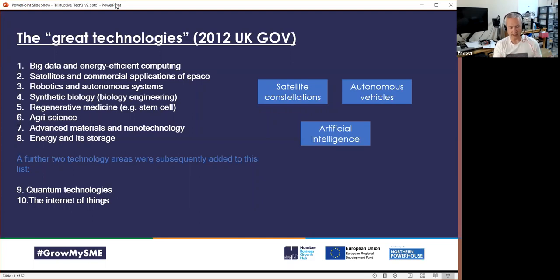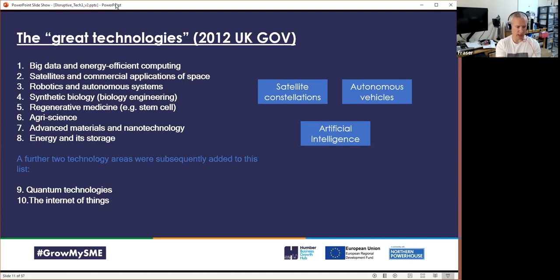And regenerative medicine, which is about growing tissues and cells, great for fixing ourselves and for medicine. Agri-science, think about GM crops, think about, again, automation, robots which will go and pick our vegetables or our strawberries or whatever. Lots of work, by the way, going on with that in Lincoln.